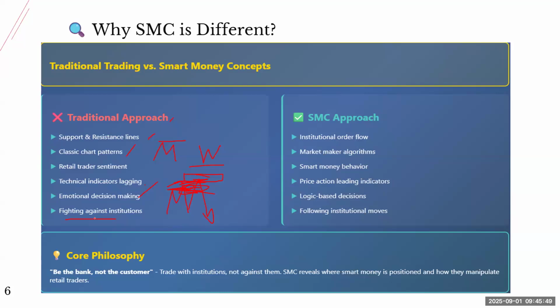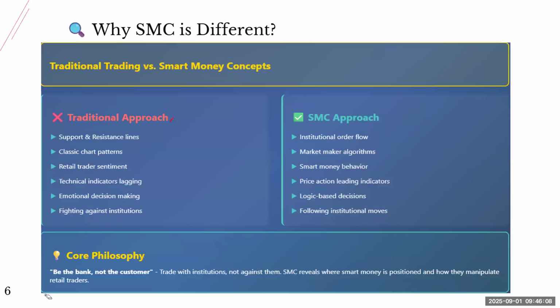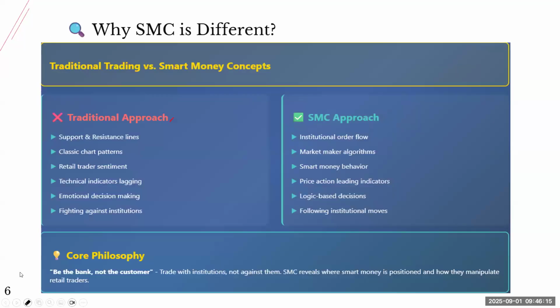Okay. Fighting against institution. What does that mean? For example, last Friday, on the D1, you will see a triangle like that.